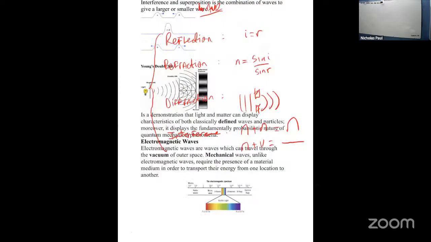Hold on, I just want to see if I can... Yeah, same module we're on. Hold on, I just want to show you how a line spectrum looks. Let me just get it from here. Give me one step.